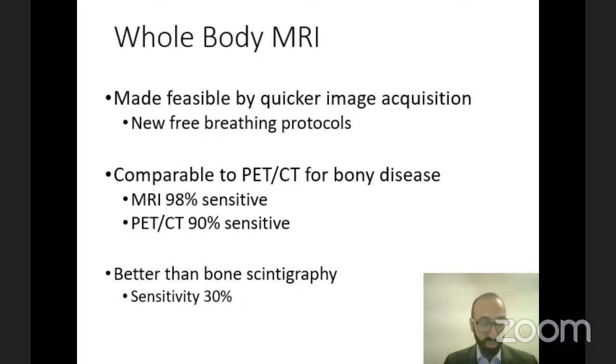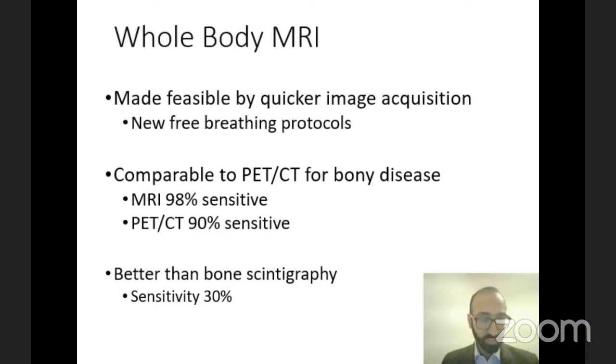The downside to MRI is that it can often overcall small lesions, and whole body MRI is quite a long exam. It can be anything from 40 minutes to an hour, so you don't always have time to do additional MR slices in a child to see whether the high signal you've seen on a STIR sequence, for example, is real pathology.